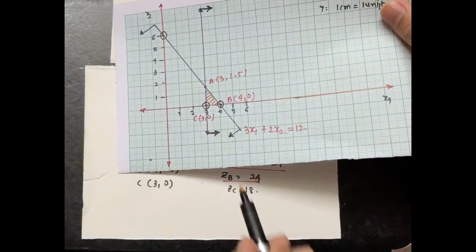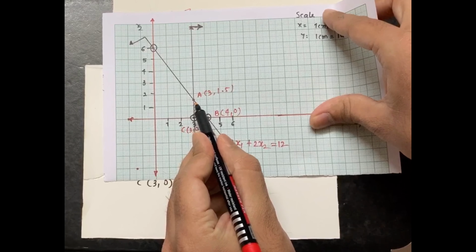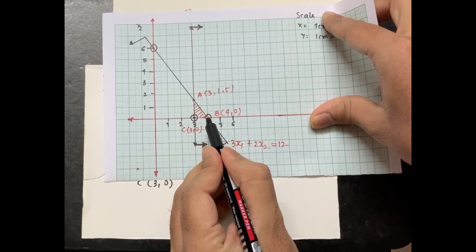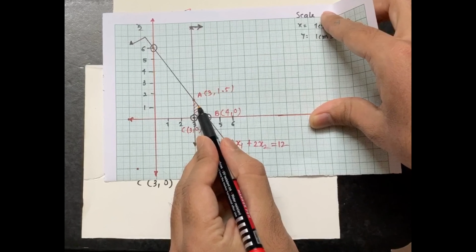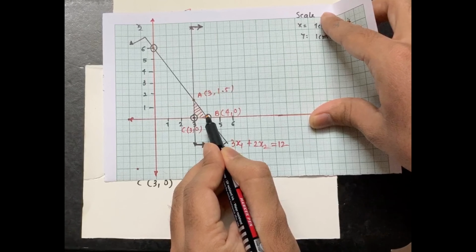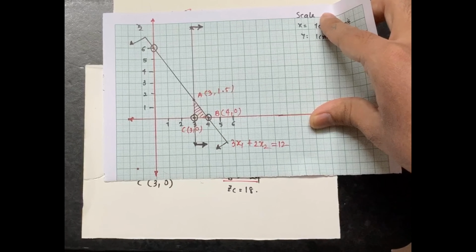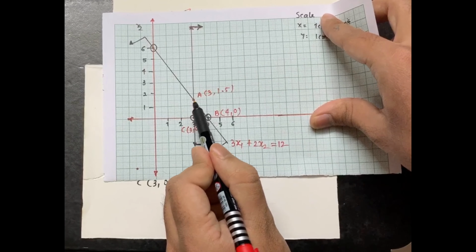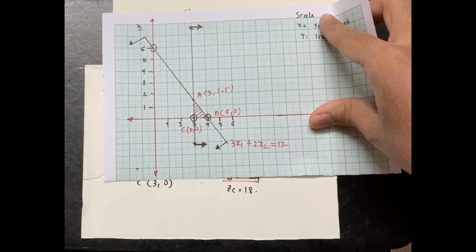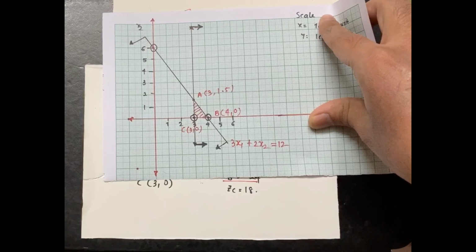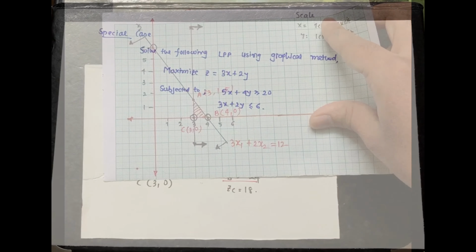Means on this graph, if I take any particular value on this line, any combination of x and y, corresponding to that I will definitely get the maximum value z. So this case is referred to as a multi-optimality condition, meaning multiple optimal answers I am getting, hence it is a special case.